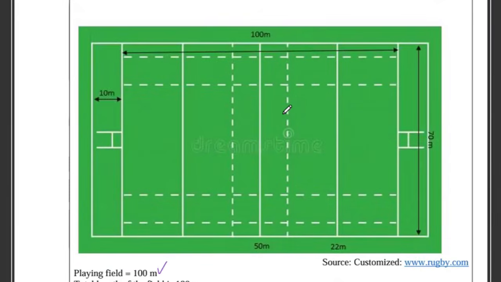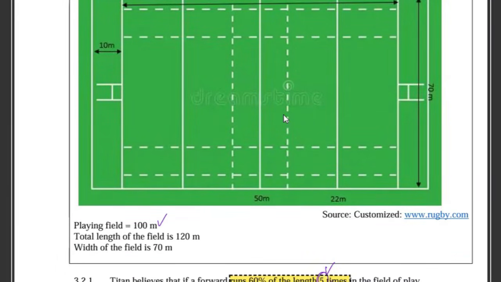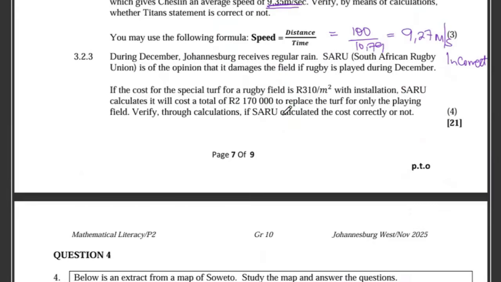Now we come here and we remember very well that the playing field is how long? 100 meters. How wide? 70. So we shall first need to get the area to be covered, which is going to be length times breadth, which is 100 times 70. You get 7,000 meters squared, times 310.